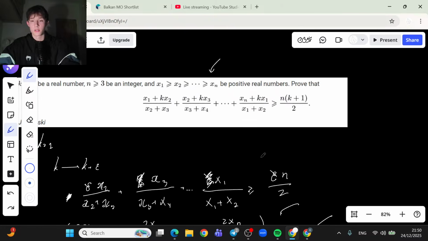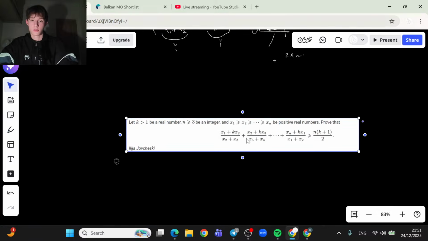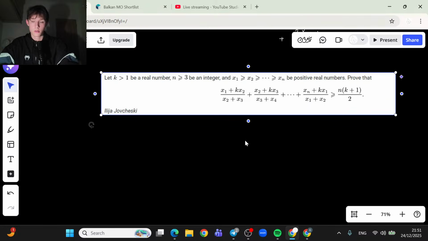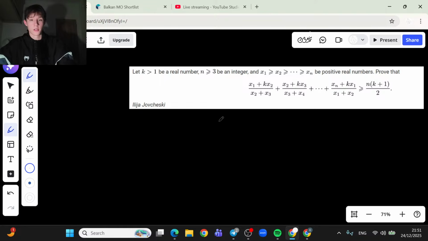I mean, I guess we can try. So if I start, I'll paste this thing again, just here somewhere. If I start for n plus 1, so I go x1 plus k x2 over x2 plus x3, plus x2 plus k x3 over x3 plus x4.